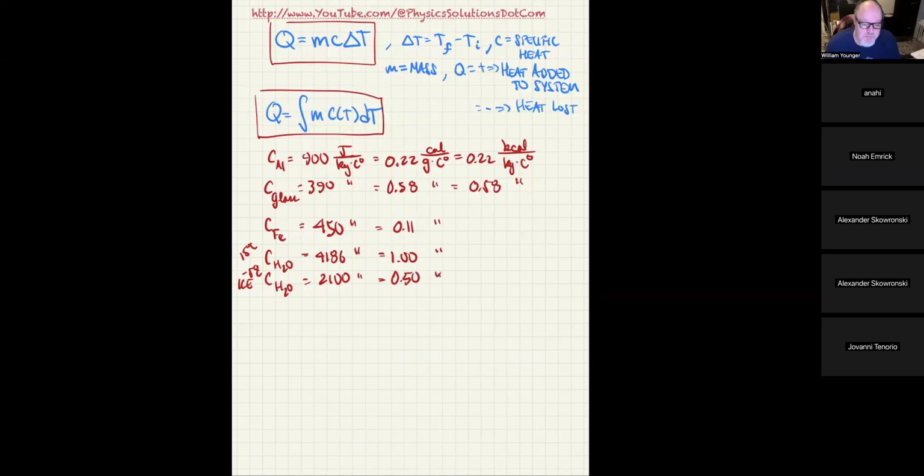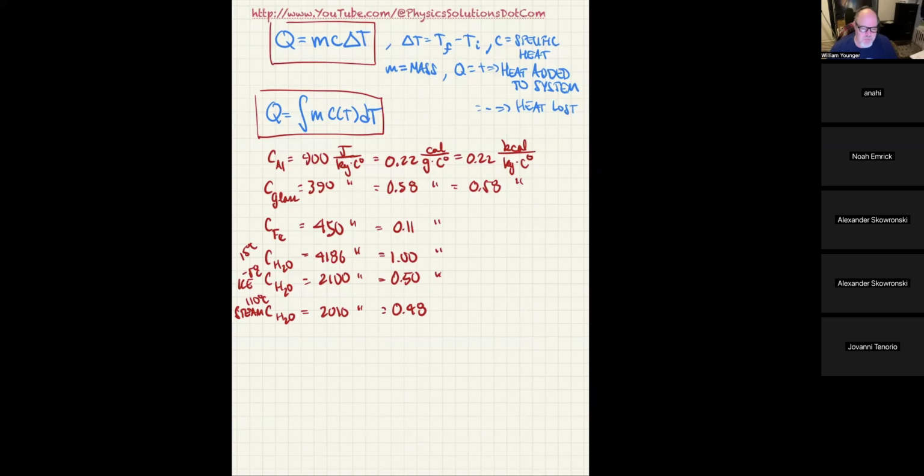And if you're looking for steam, it's quite a bit different as well. H2O, steam, in this case at 110 degrees, we find that it's closer to 2010 joules per kilogram Celsius degree and closer to 0.48 calories per gram Celsius degree. So that gives you some idea of roughly what the specific heat of various things are.